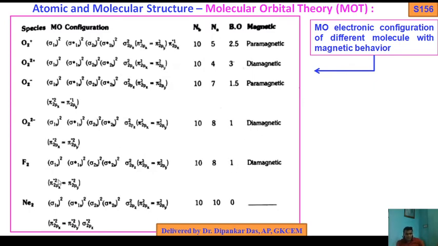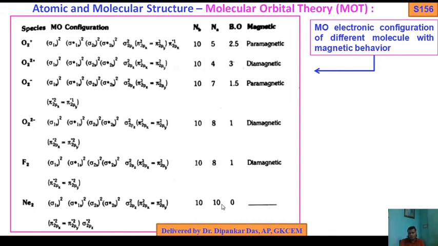Now in case of neon molecule, Ne2, 10 plus 10, 20 electrons. Twenty electrons means sigma star 2pz will be filled up, because up to 18 electrons it is vacant, so you write sigma star 2pz2.